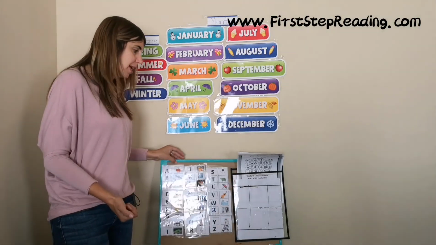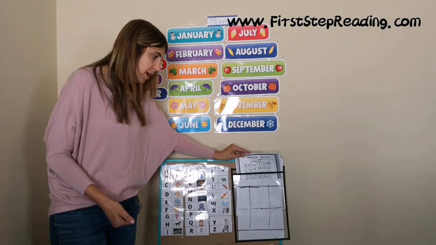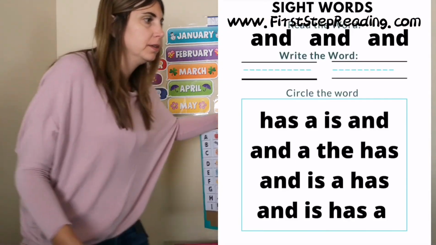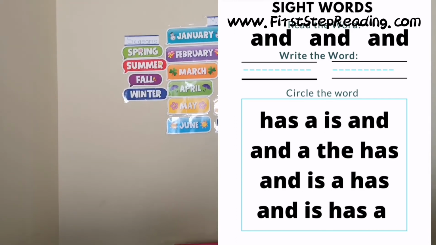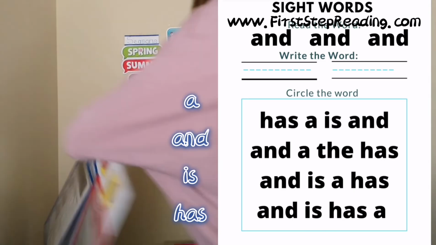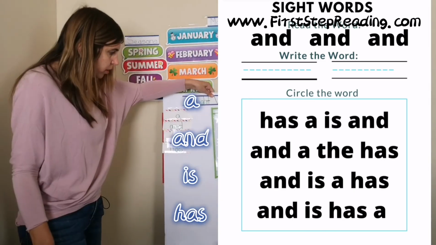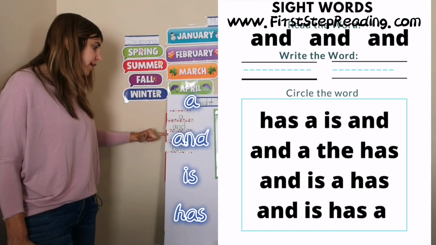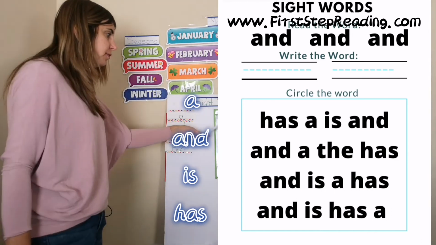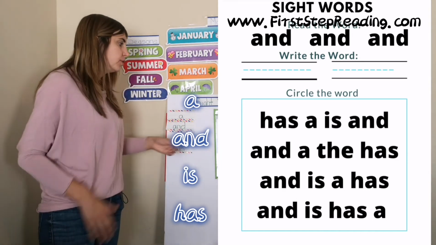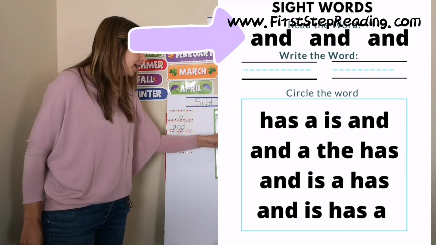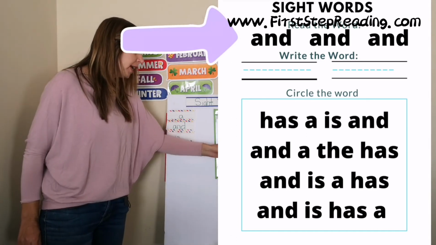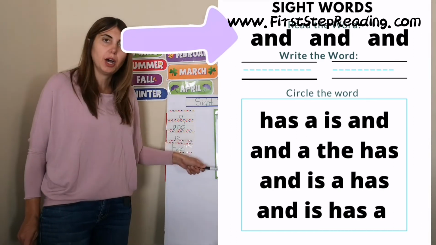Now we're going to go over sight words. Those are the words you memorize. So our sight words we've done are a, is, and has. Our new one for today is and. So you read the word and. You write the word and you find the word in the box.